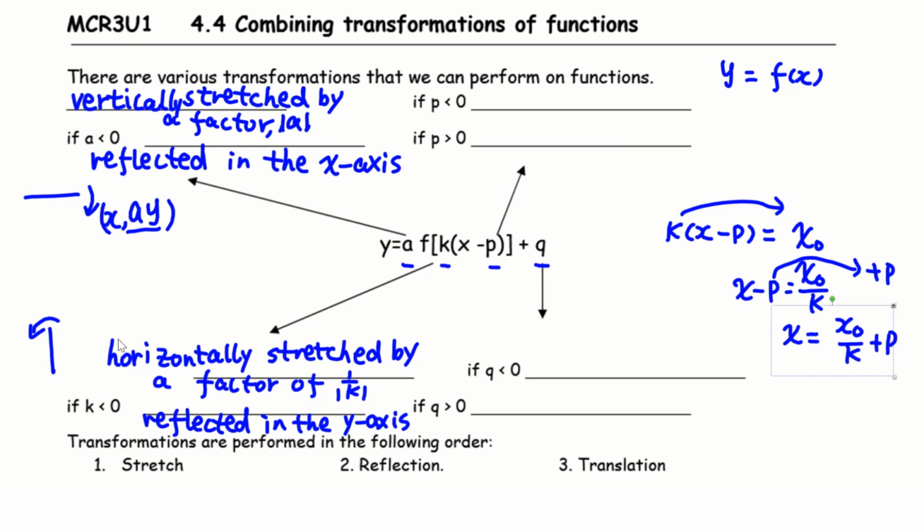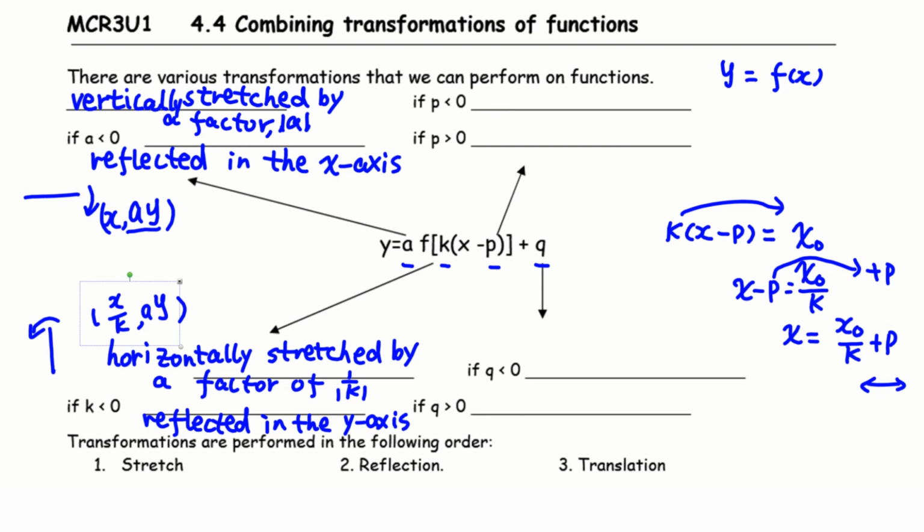For this one, the y value won't change by k. It's a times y, and x is divided by k. So this is how a and k affect the graph of the parent function. And the p and q values: plus p means the new x coordinate moves left or right.